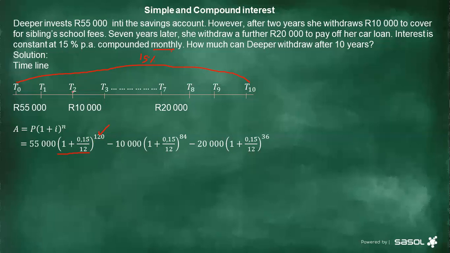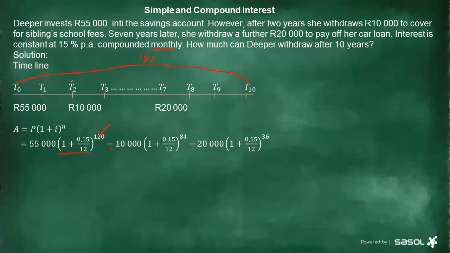And then from T2, which is after 2 years, she withdraws 10,000. Hence, you see negative because this 10,000 was taken out of the account. And then you also have to multiply it with the interest rate, which is 1 plus 0,15 over 12.